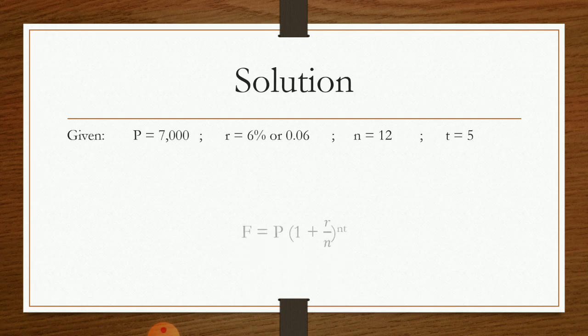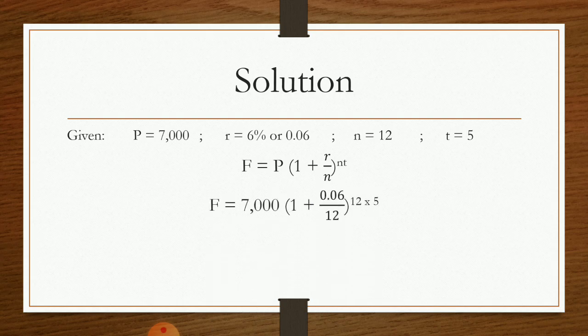Then substitute now these values into the formula. So F now is equal to 7,000 times the quantity 1 plus 0.06 divided by 12 raised to 12 times 5.